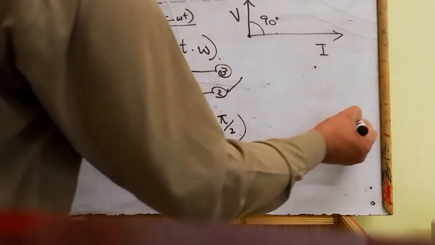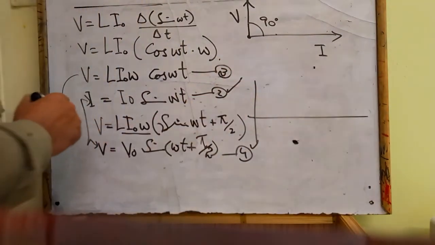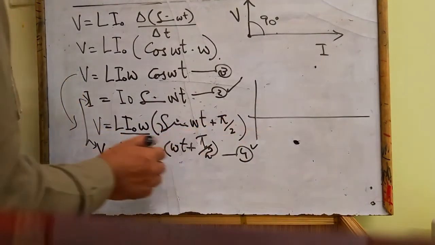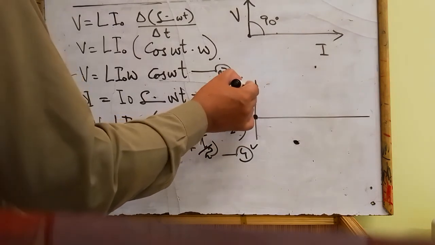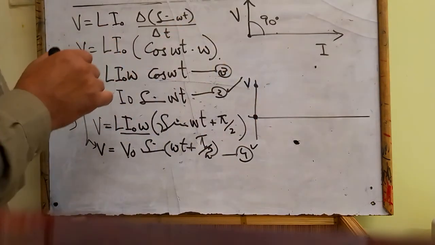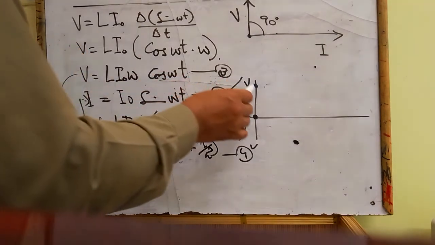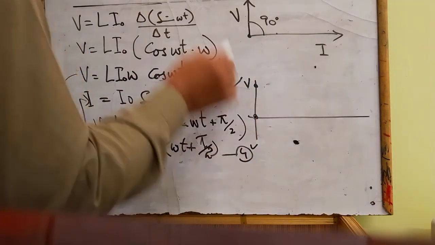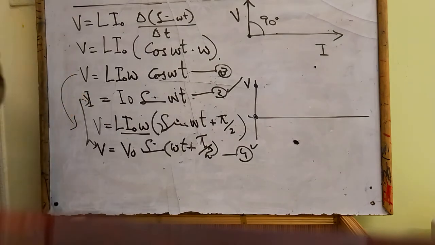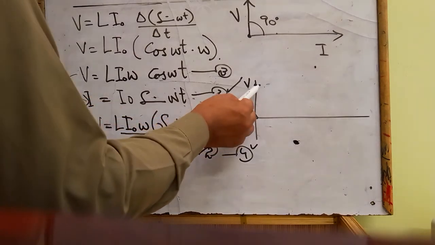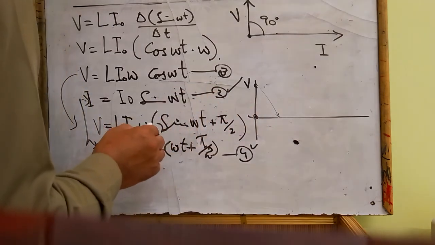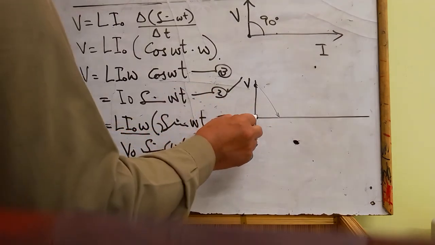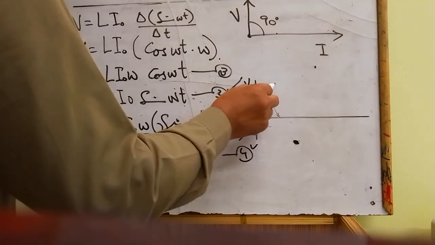And the graph should be that when the voltage is maximum here, at that time the current should be 0. When the voltage decreases across the inductor, the current should be increasing and approaches maximum.